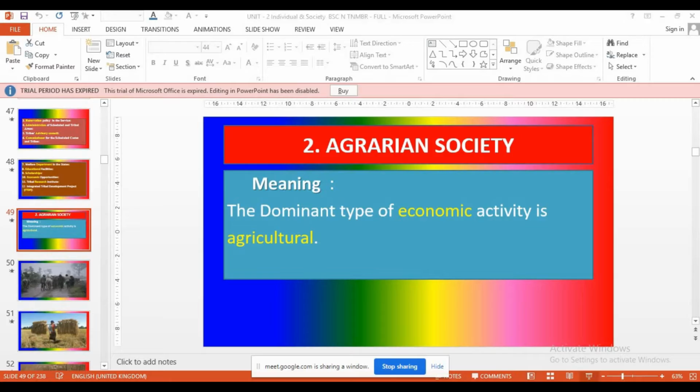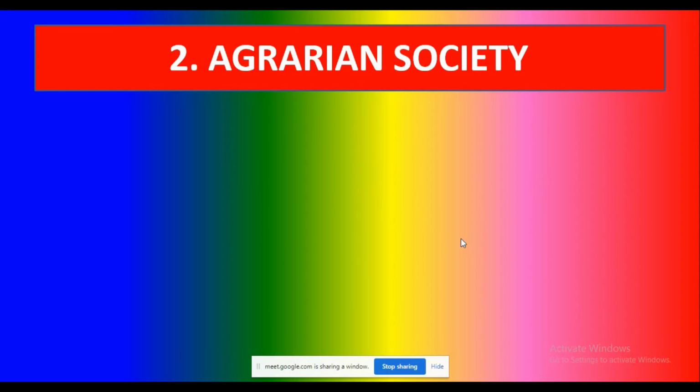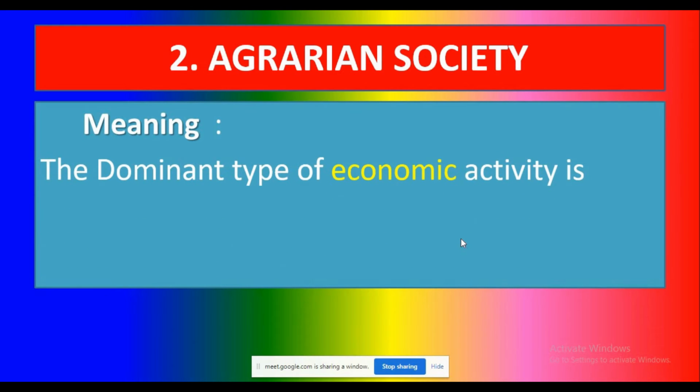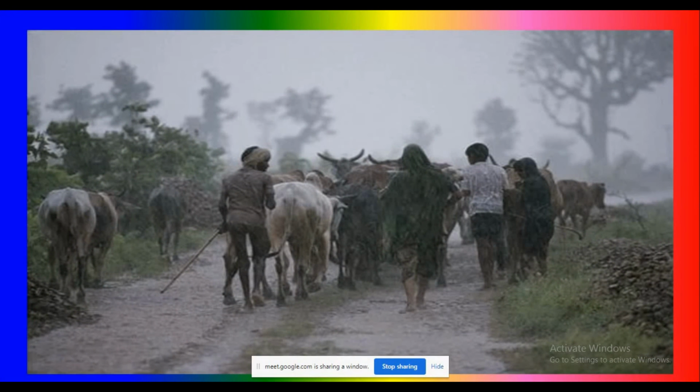Next, agrarian society. Economic activity is agriculture. Look at this picture. Land, plant, cattle. Can you see this?